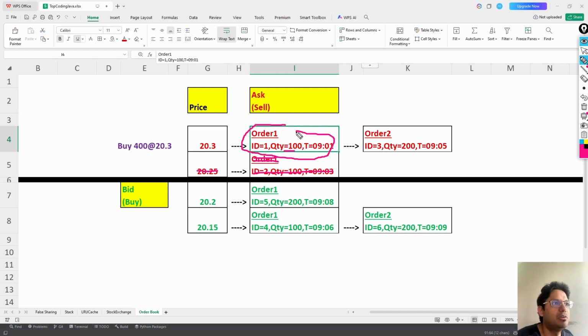This order would be removed from this doubly linked list, and now order 2 becomes our new head, which means that this is the best time priority order available at this price level to be matched. Now, because only 100 of the quantity was filled, there are still 300 quantity left for this buy order. So this 300 quantity would be matched with the 200 quantity of this next sell order.